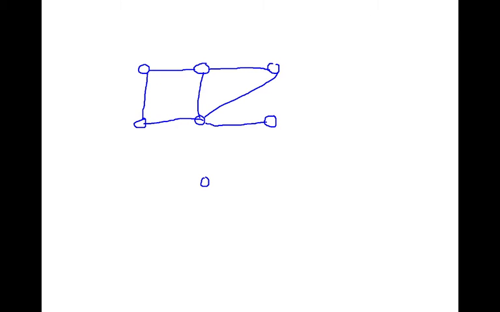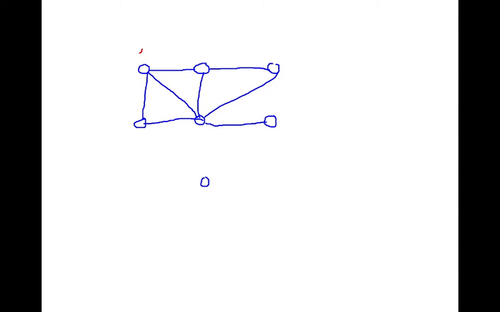Okay, for example, this is a node. Let me try to make a bigger graph. Okay, this is sufficient. Now let us connect these nodes through edges, right? Okay, let me number these nodes as well.